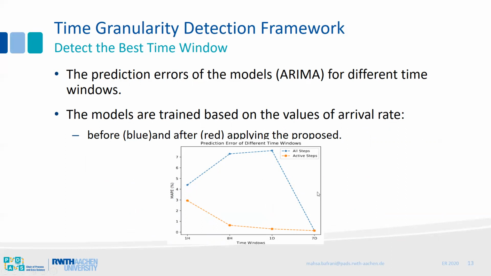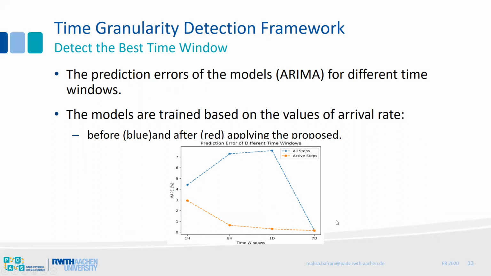So in the diagram below, as an example, you can see that we have different time steps, and we train different models for both all steps and only active steps. In the orange diagram, you can see that we remove all the inactive steps and then we train the model, and these are the errors. So this diagram tells us two things.